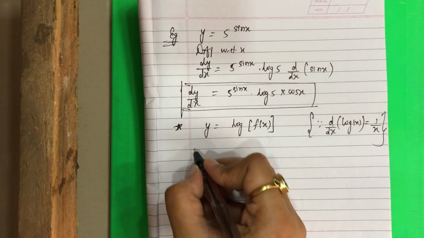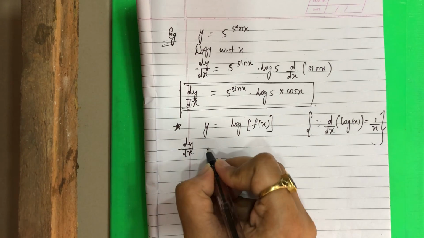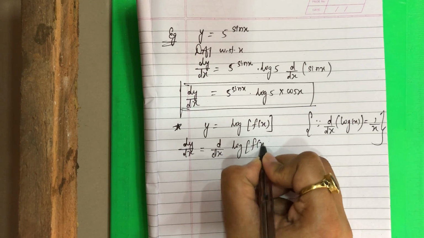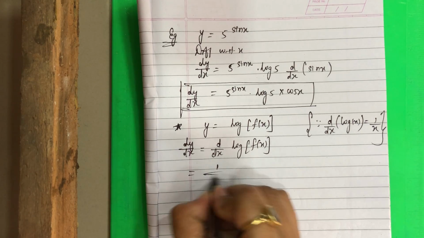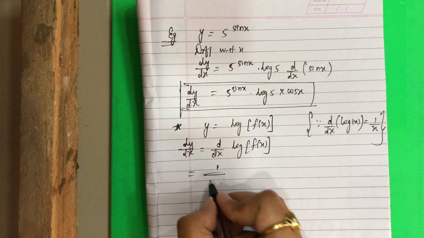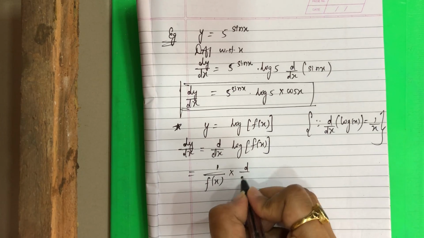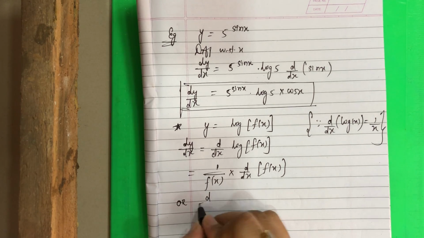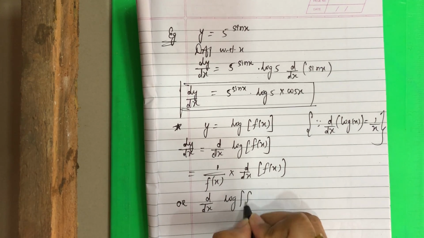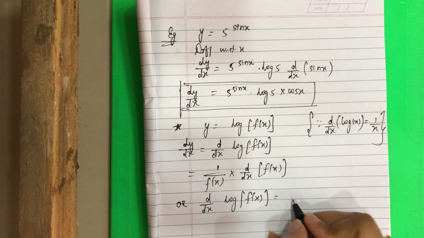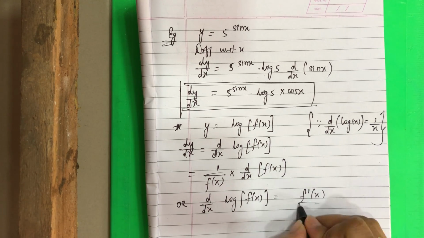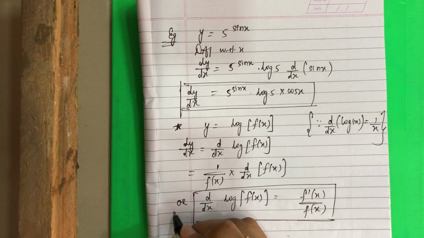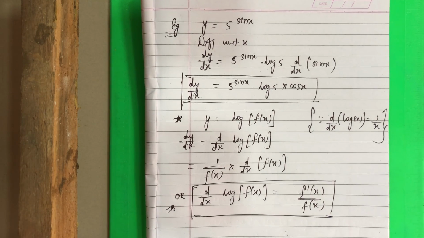So we can find out the derivative of this log of fx, that will give you d by dx of log of fx is 1 upon, in place of x here it is fx, 1 upon fx into d by dx of fx. Or you can write down d by dx of log of fx is equal to f dash x upon fx. That is the formula of derivative of logarithmic function.